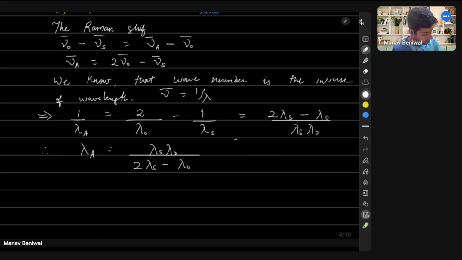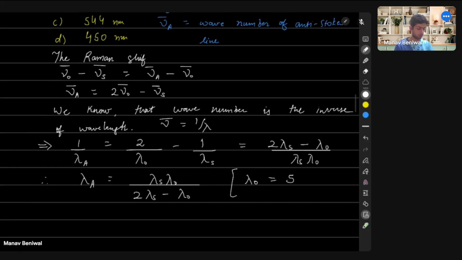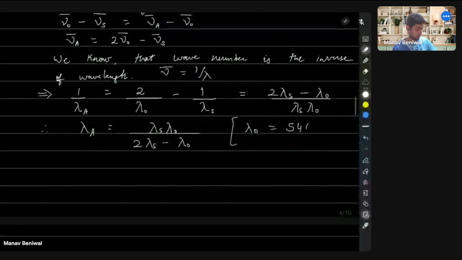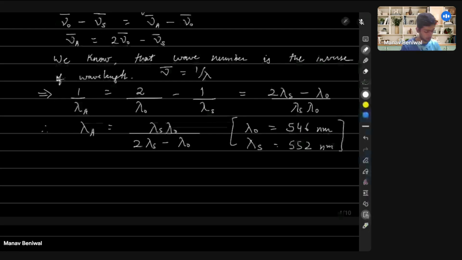Now we know that lambda naught is 546 nanometers, and lambda s was 552 nanometers. So let us plug in the values.